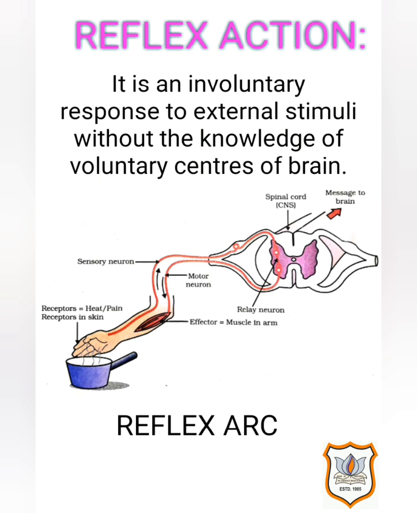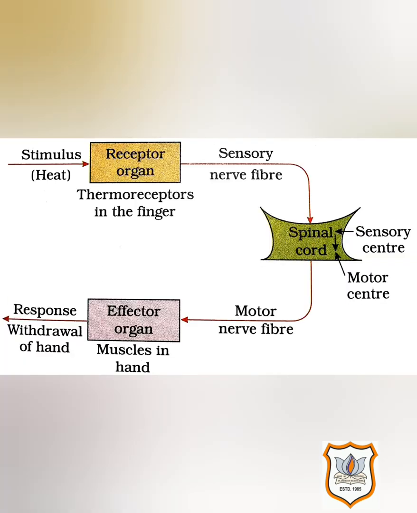Reflex action is an involuntary response to external stimuli without the knowledge of the voluntary centers of the brain. And a reflex arc is a connection between the input, that is the sensory nerve, and the output, that is the motor nerve, along with the spinal cord.